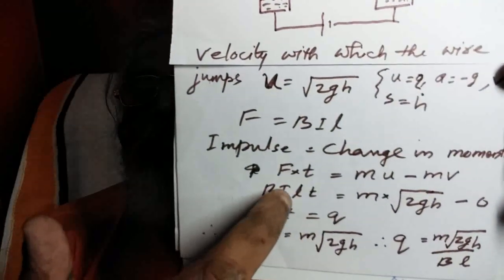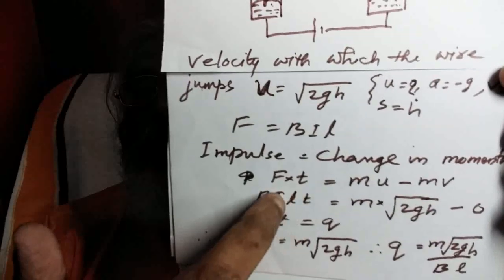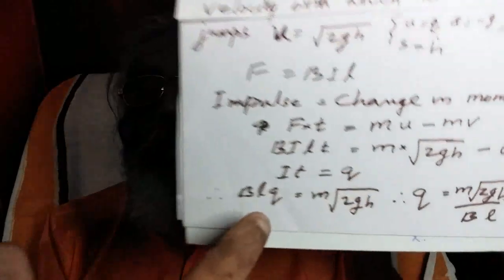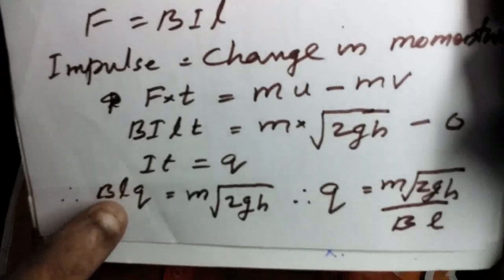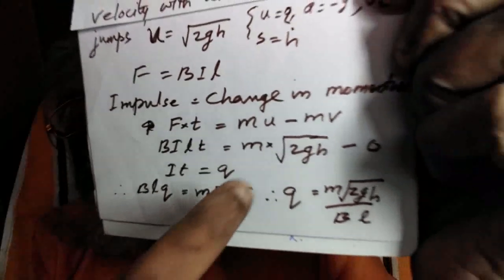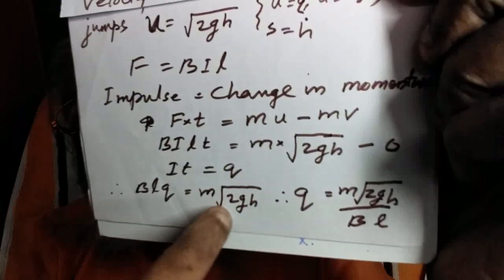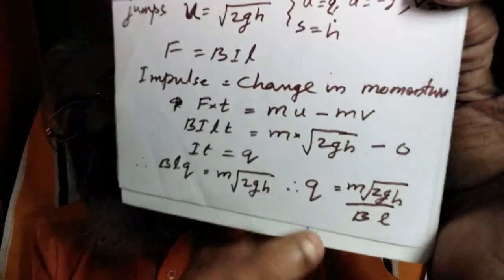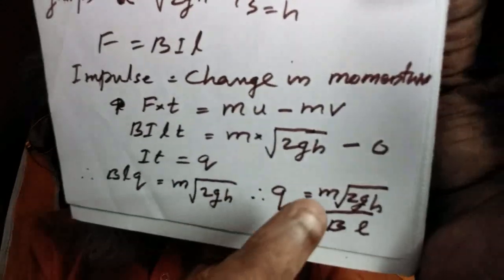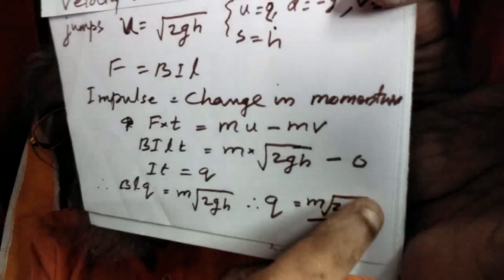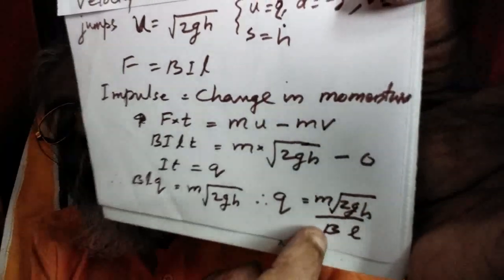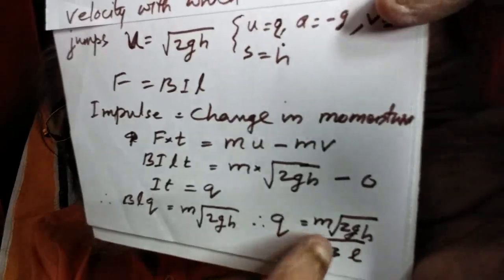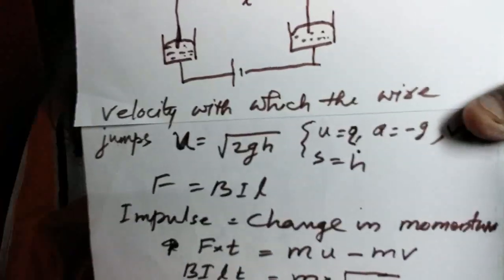So you can put I into t as q. Then the equation becomes BLQ equals m into square root of 2gh, from which q equals m into root of 2gh by BL. This is the answer.